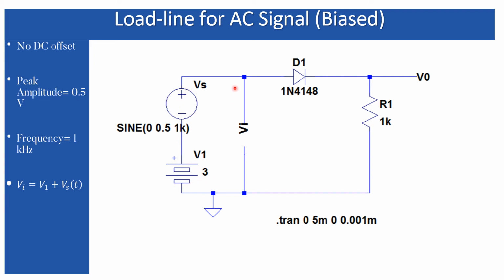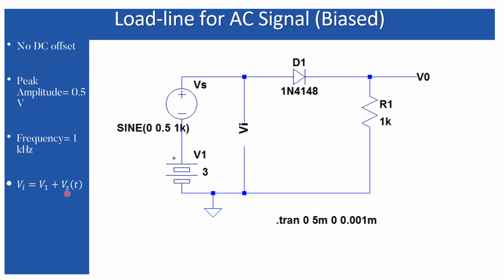Since I have analyzed all my circuits with respect to Vi, this Vi will be nothing but V1 plus Vs. The significance is that in my last slide, where I used the AC source alone, the signal was varying around the 0 reference level, but here it is going to vary around this DC voltage level, taking this as the reference.